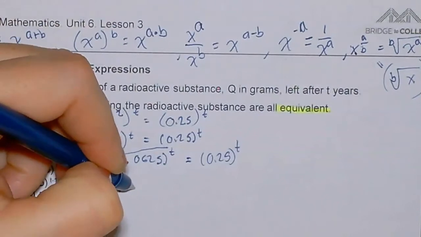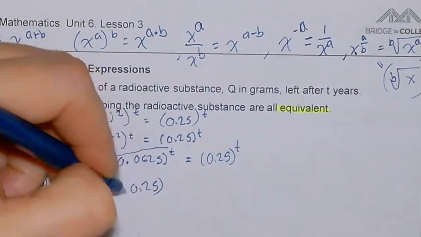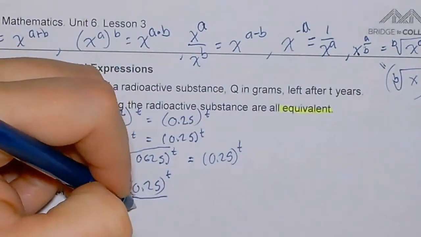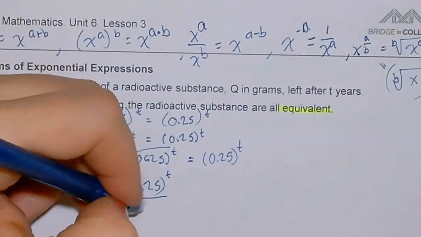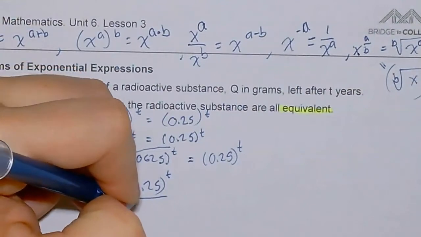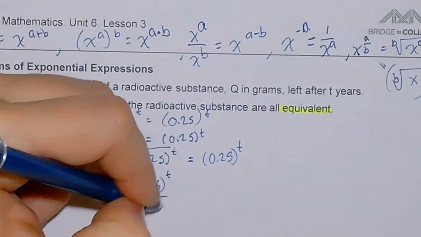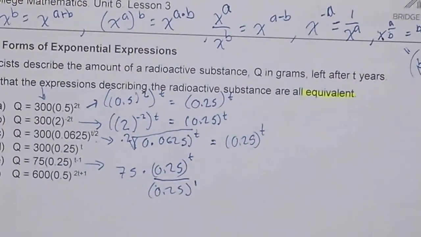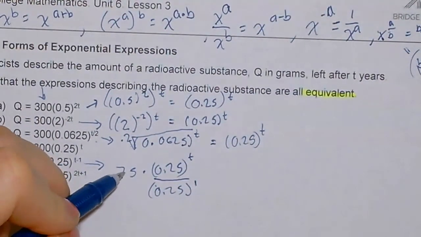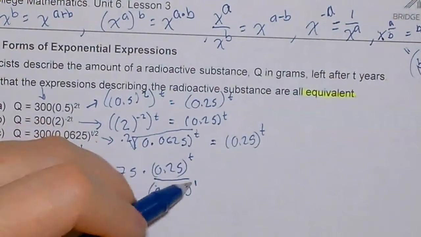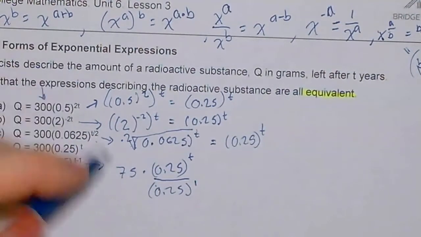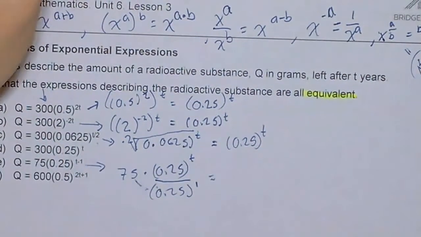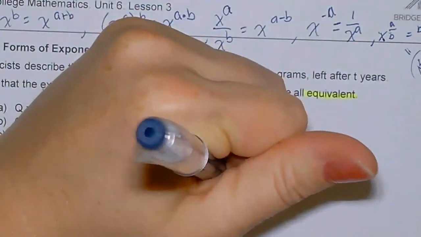But it's going to be 0.25 to the t on the top of the fraction, and then subtracting 1, it's going to be 0.25 to the 1 on the bottom. Well, now you've got 75 times 0.25 to the t divided by 0.25. I can just divide 75 by 0.25, and that, guess what, is 300.